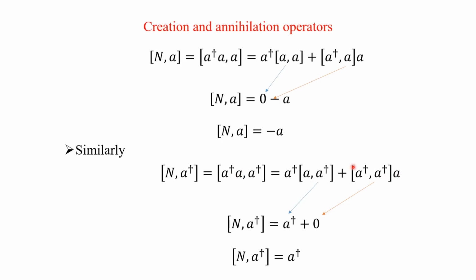Then there is one a dagger here. As in the previous case, a dagger commutes with a dagger, so this will become 0, and the commutator of a with a dagger is plus 1, so this will become a dagger. So the commutation of n with a dagger is equal to a dagger.